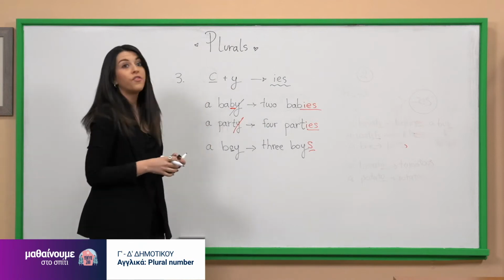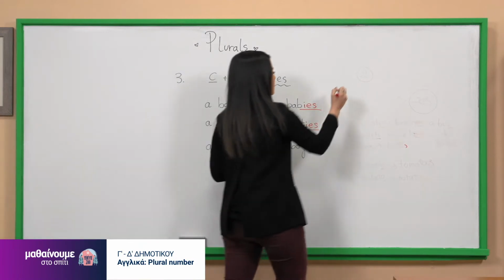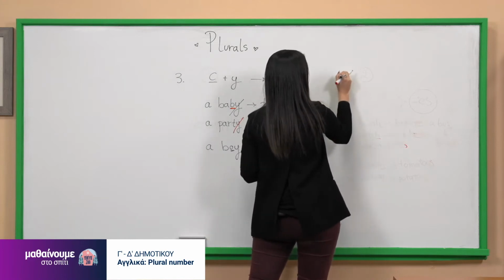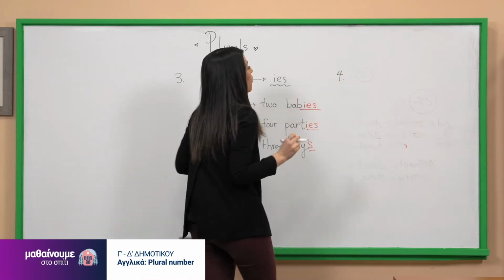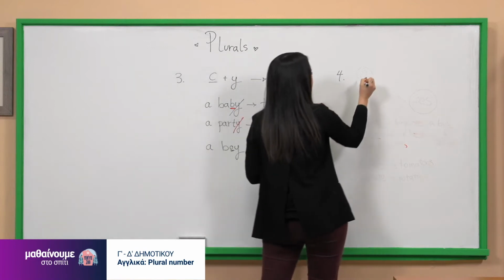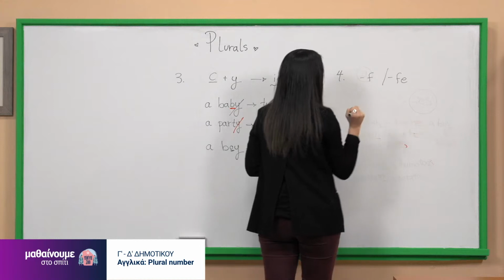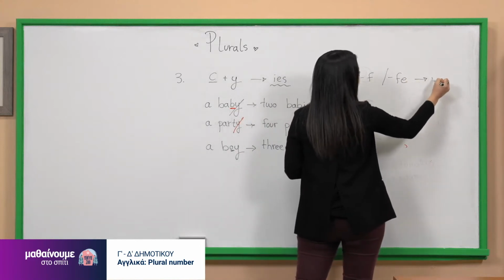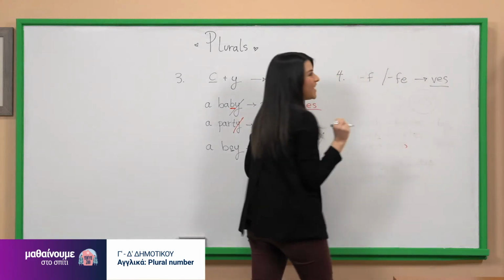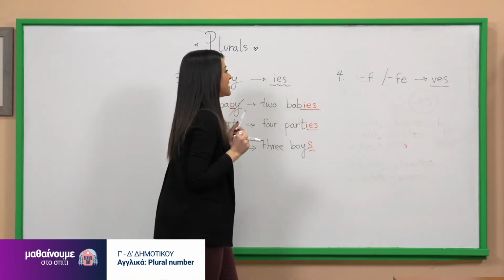Now, the fourth one. Let's write it over here. Oops, with the black. So, when the noun has, in the end, F and F-E, we put V-E-S in the end. Let's see some examples.